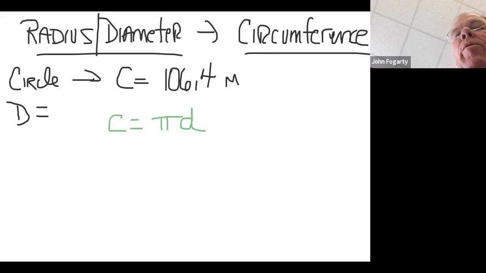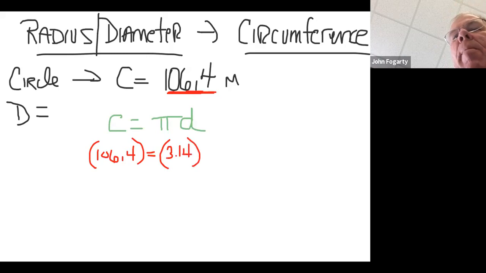We know that C is 106.4. I know that pi is 3.14, but I don't know what d is yet. Let's keep d green, because the question is, find d.